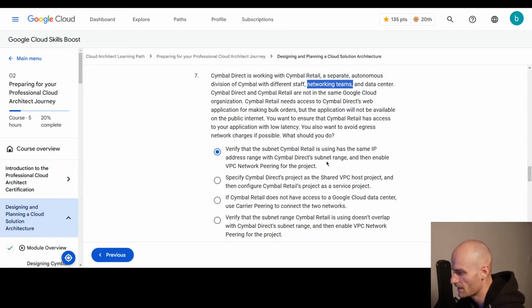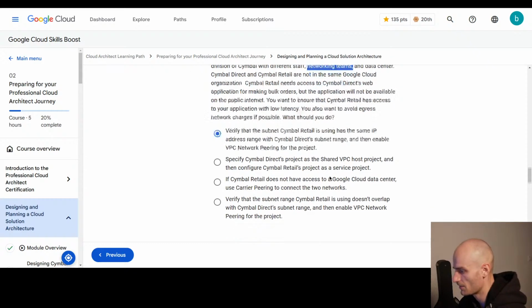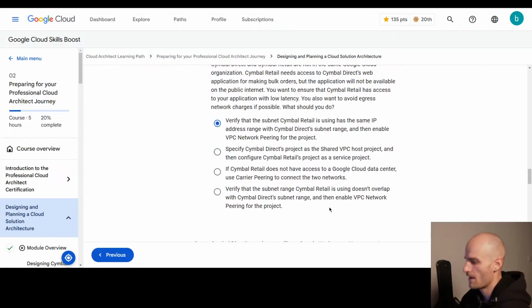If Symbol Retail does not have access to a Google Cloud data center, use carrier peering to connect the two networks. Oof. Verify that the subnet range Symbol Retail is using doesn't overlap with Symbol Direct subnet range.